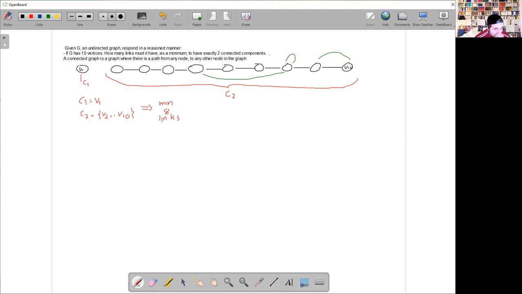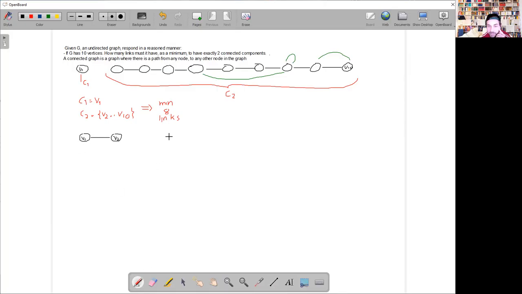But now, what happens if instead of having one isolated vertex here, we want to make this bigger, right? What if we say, okay, but instead of only one vertex, I want to have a connected component with 2 vertices here, right?